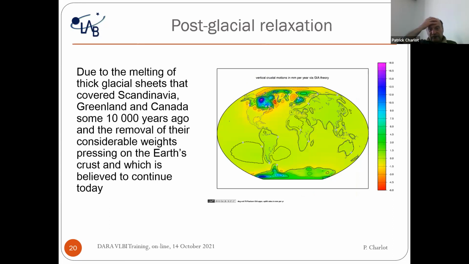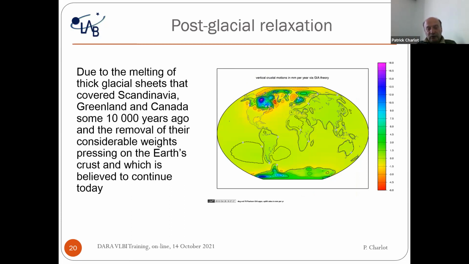And the final thing I wanted to mention is the post-glacial relaxation. Some 10,000 years ago, there were thick ice sheets over Northern Europe, Scandinavia, and Greenland and Canada.